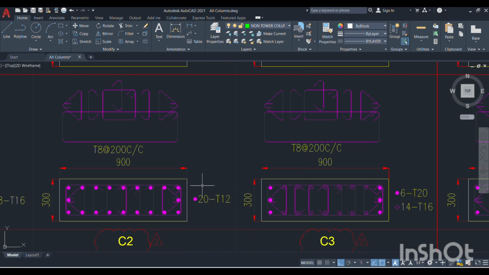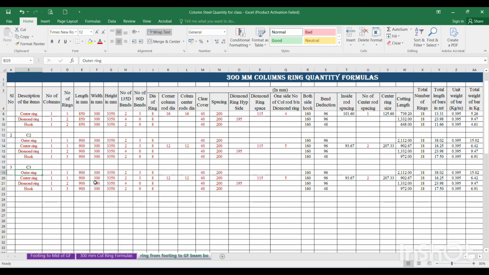Only the change is, here it is 20 numbers of 12 dia, and here it is 6 numbers of 20 dia and 14 numbers of 16 dia. It means outer dia also changed and inner dia also changed, and total number of rods is 20 here also. Then the number of rods between diamond ring will be the same, 1 2 3 4 5. This will be 5, the same, but the dias are changing. Just go to the Excel sheet.